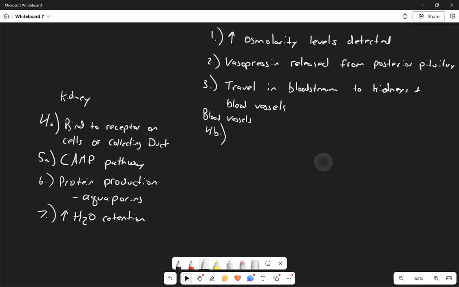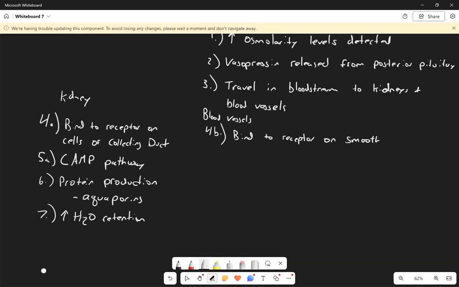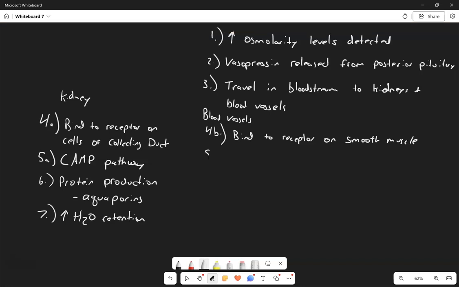On the blood vessels, it's going to bind to a receptor on smooth muscle. Now remember, this is going to result in smooth muscle contraction. So this is going to be the IP3 pathway.